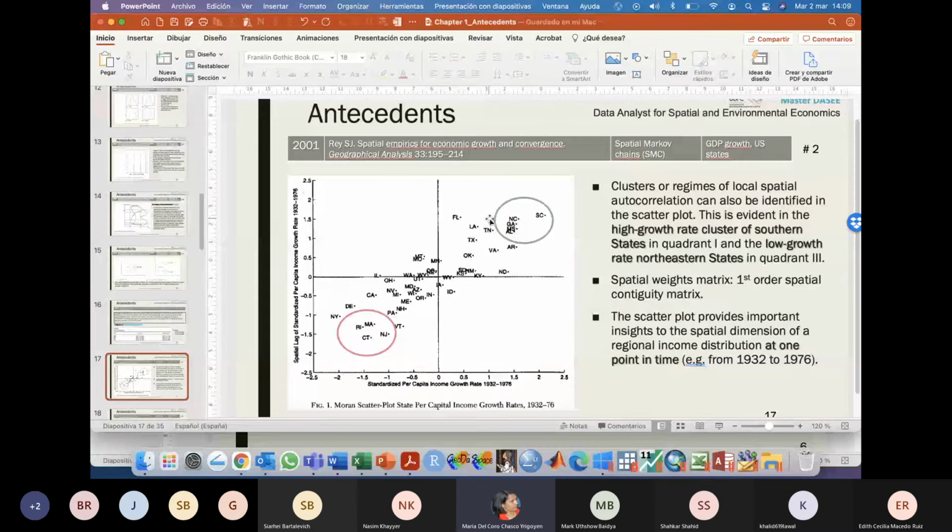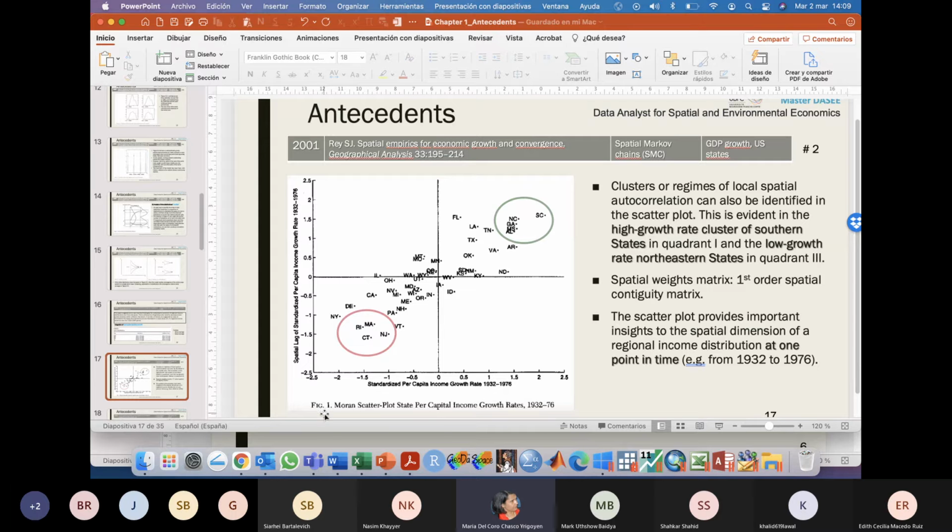So they are specifically the southern states. So the southern states were states that during this period of time grew higher than the average in the United States, and were also surrounded by states that on average also grew higher. This is the idea.